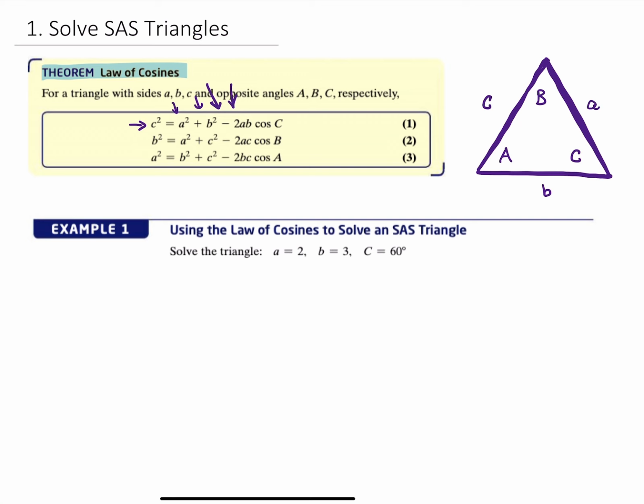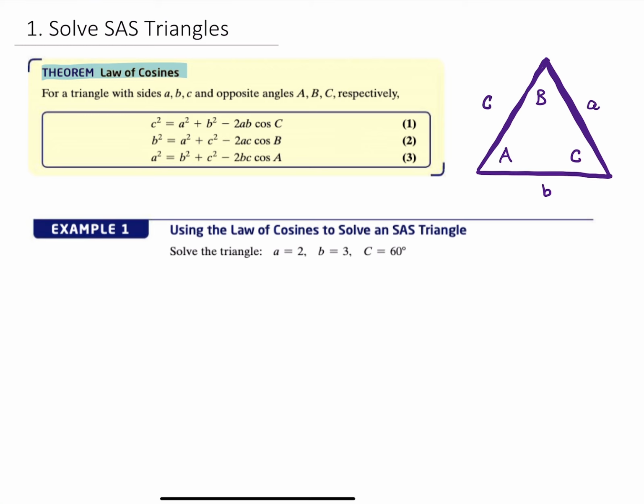Minus 2ab, and then the cosine of the angle that's opposite of this side length. So we see that same pattern. Say like for b squared, the remaining side lengths are a and c. And there's our a and c again, and then cosine of angle b, so the angle opposite that side length. And we see the same thing for a. So just little tricks on trying to remember these.